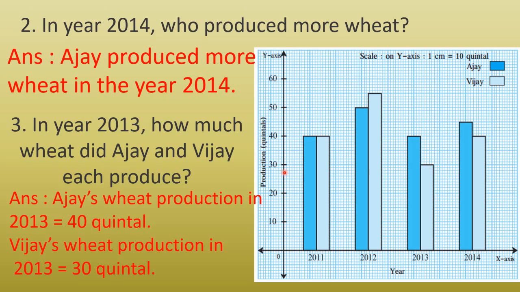So Ajay's wheat production in 2013 is equal to 40 quintals, and Vijay's wheat production in 2013 is equal to 30 quintals. Like this you will observe and give the answer of all the questions.